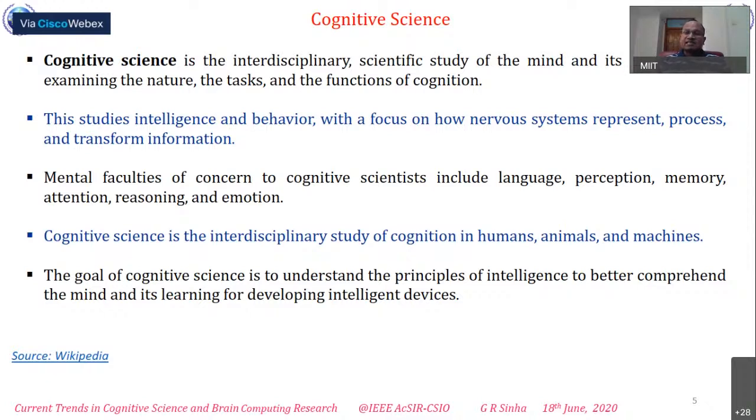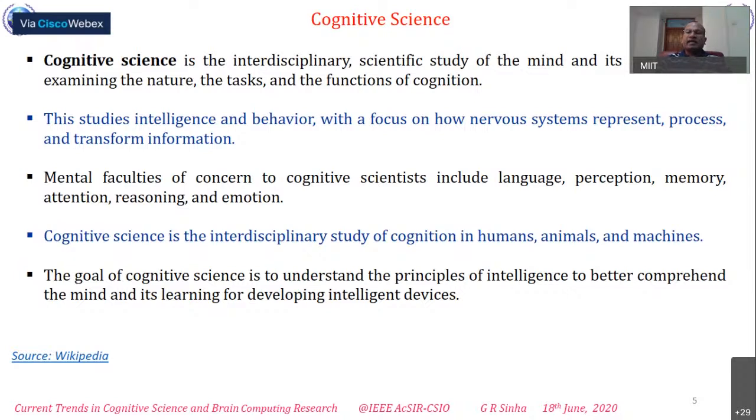When the brain engages in activities, my mind can reach Singapore or the USA immediately. But the human brain is a physical object, whereas the mind is a mental status or mental activity. So the scientific study of mental activities and the processes for examining the nature, the tasks, and the different functionalities of cognitive abilities are all covered in one domain called cognitive science.